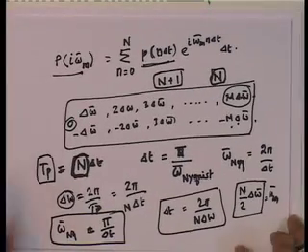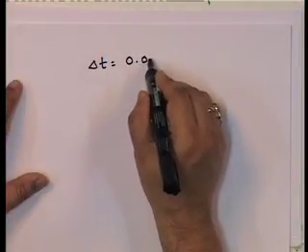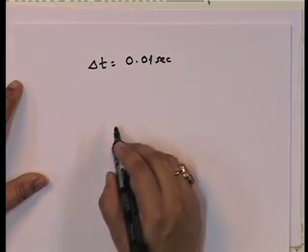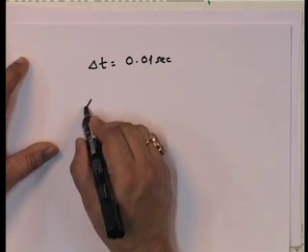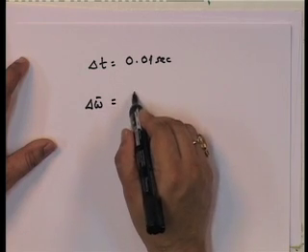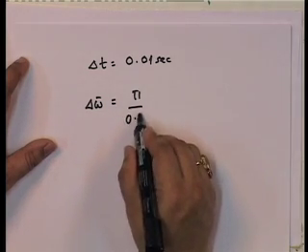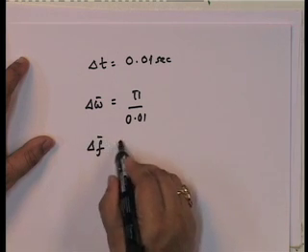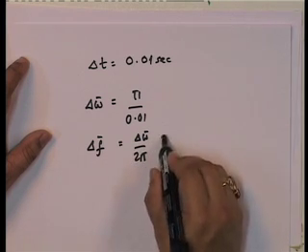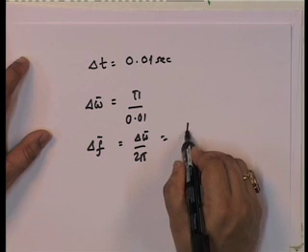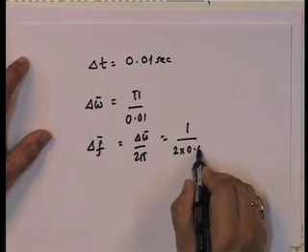So, if you look at it, let us say delta t is equal to 0.01 second. Then delta omega bar becomes pi upon 0.01 and the frequency, which is equal to delta omega upon 2 pi, essentially becomes 1 upon 2 into 0.01.